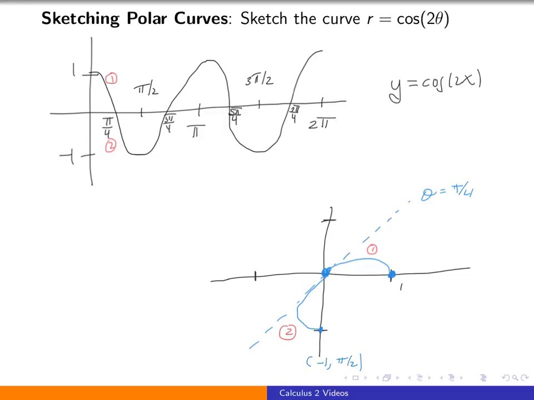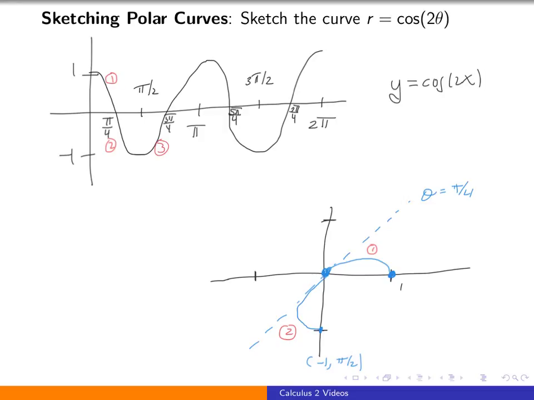For the rest of this graph, I'm not going to label any more points, but we're just going to continue in this very methodical fashion. The next portion of the graph would be between pi over 2 and 3 pi over 4. Let's call this portion 3.